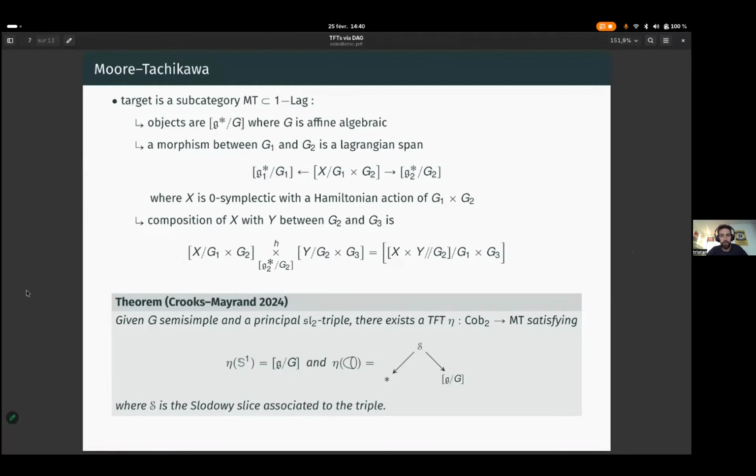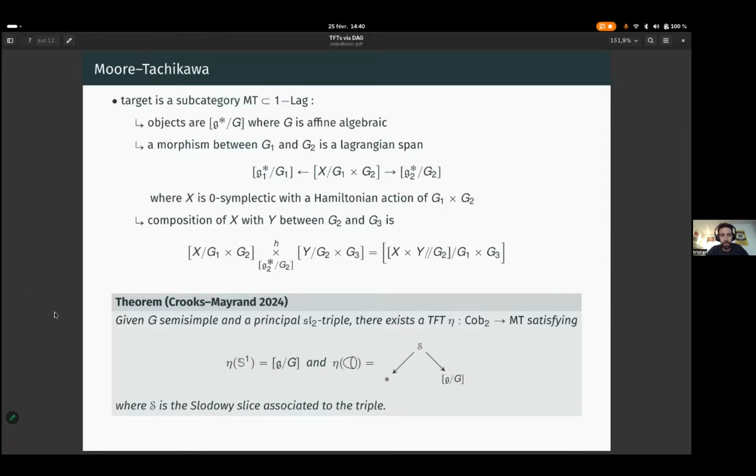So that's the description, and then I can state as a theorem what Cooks and Merrill put on the arXiv in 2024. That gives me the occasion of actually giving you the conjecture.